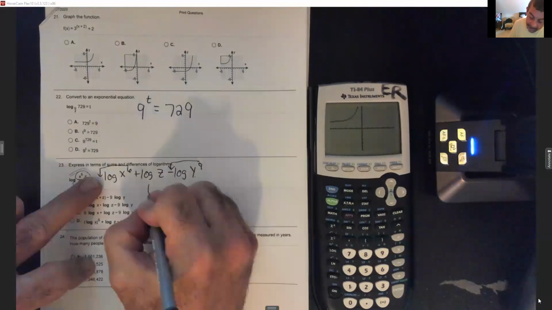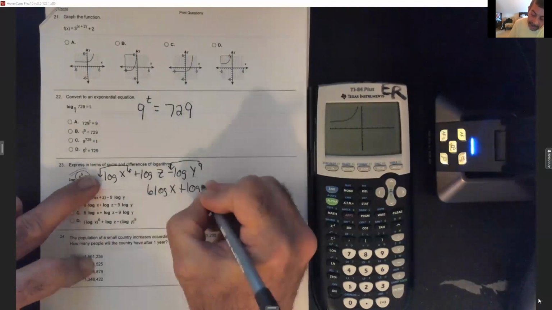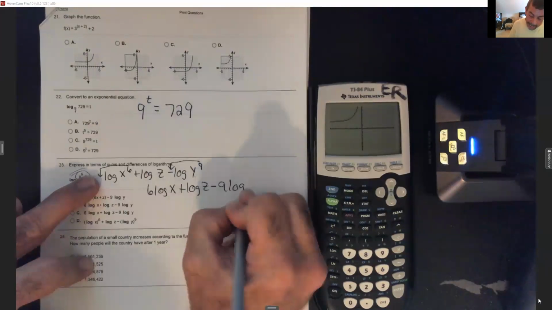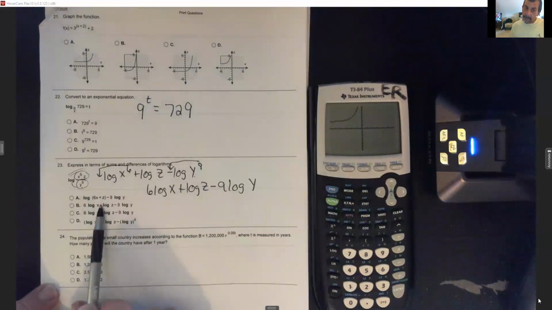So you get a 6 log x plus the log z minus 9 log y, which looks like, ooh, watch out, they put a multiplier there. So 6 log x log z. So I would go with C. Y'all watch out, they put multiplication on some of these and they're trying to get you.